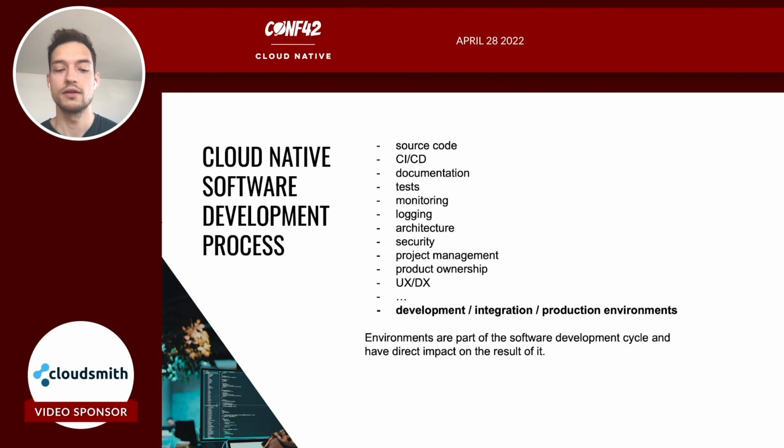What we basically established for us is that the environments your software runs in, or the software is written in, are a part of the software development process. So you have your development, your integration, your production environments, maybe even some more called staging or testing environment.